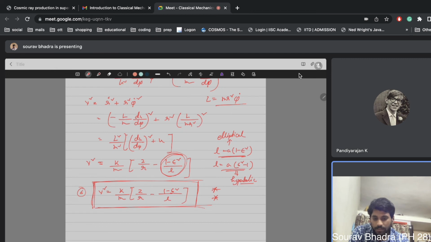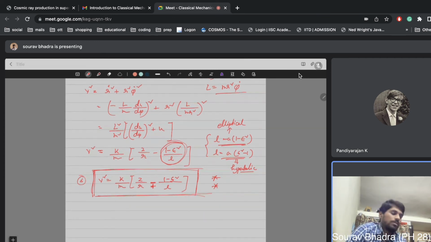So if you substitute it in 1 minus epsilon square or epsilon square minus 1, you will get a sign difference here. For 1 minus epsilon square for the elliptical orbit, you will get a minus sign, and for a hyperbolic orbit you will get a plus sign.